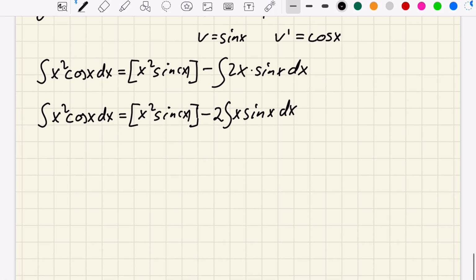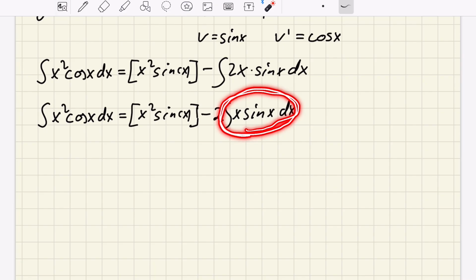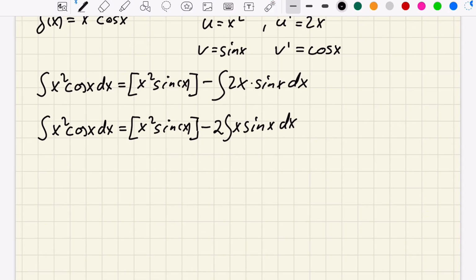Okay, and now this factor just stays untouched. We ignore it for once. We just focus on this integral. For this integral, we are going to apply partial integration one more time. So the integral of x sine x dx.